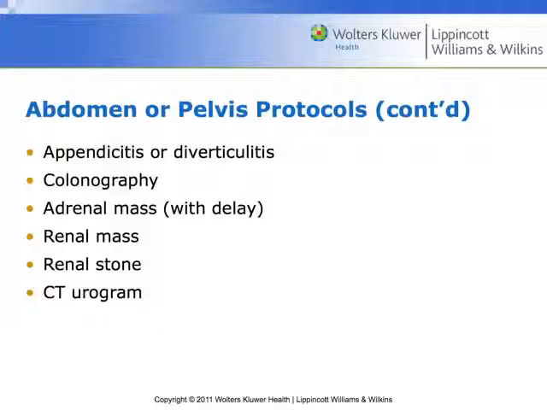Renal mass, so we can do a triphase of the kidney itself, evaluating the kidney at corticomedullary as well as excretory phase. Renal stone protocol, this is the beautiful scan where we just do a helical scan at like 2.5 millimeters without any IV or oral contrast, and then a CT urogram. All right, that's it. Thank you so much.